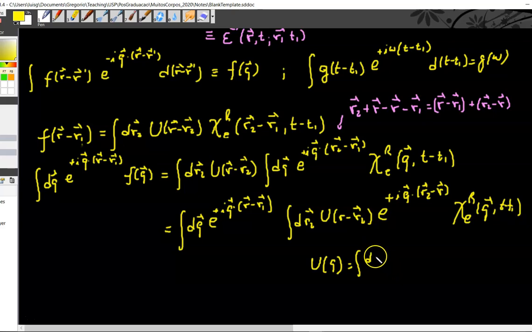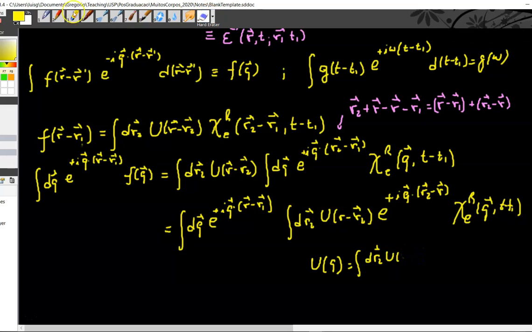Or dr2 u(r minus r2), and if that only depends on the absolute value of this, it would be something like that.